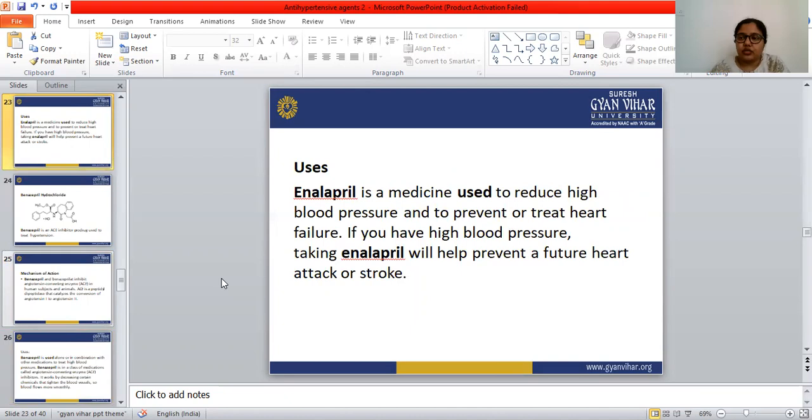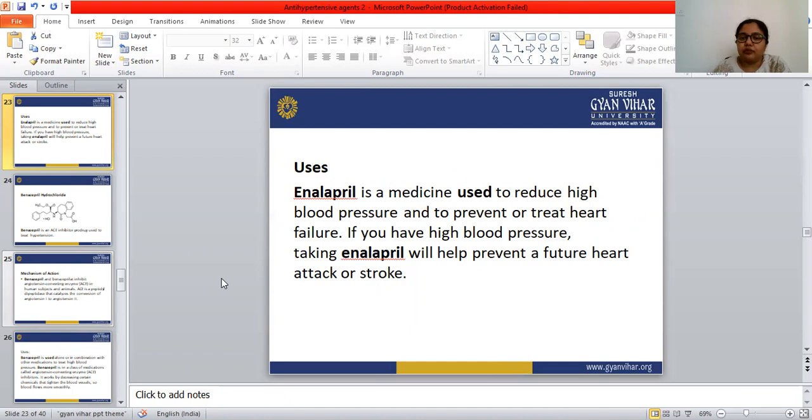Let's see the uses of enalapril. Enalapril is a medicine that is used to reduce high blood pressure and prevent or treat heart failure. Enalaprilat is the metabolite of enalapril, and that is responsible for the inhibition of ACE.